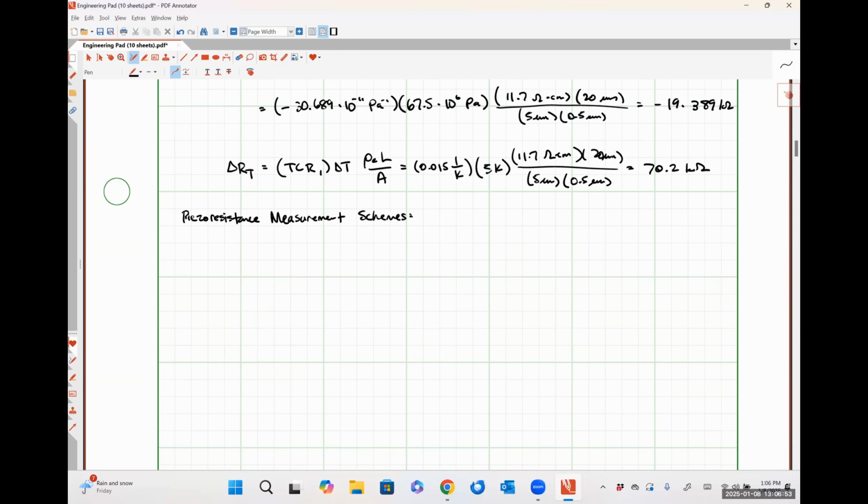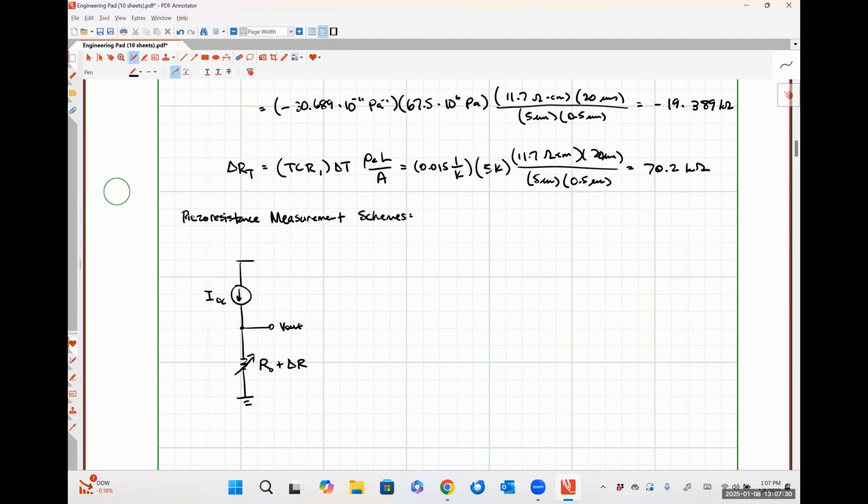So the simplest scheme that we might see is one in which we literally have some DC current source, which I'm just going to call I DC. Here is our piezo resistor. So this is going to be just R naught, which is the nominal resistance, plus some delta R, which is the change due to the piezo-resistive properties of the resistor. And we're going to measure our output voltage here.